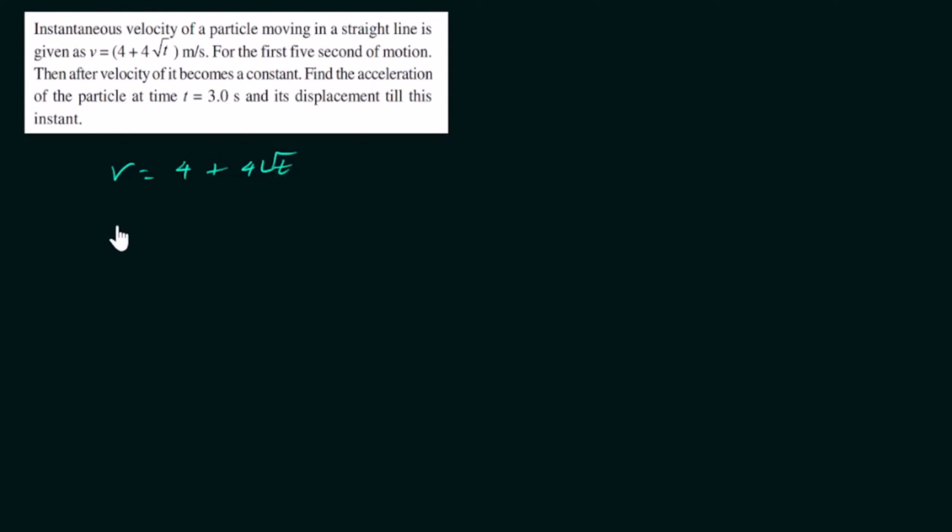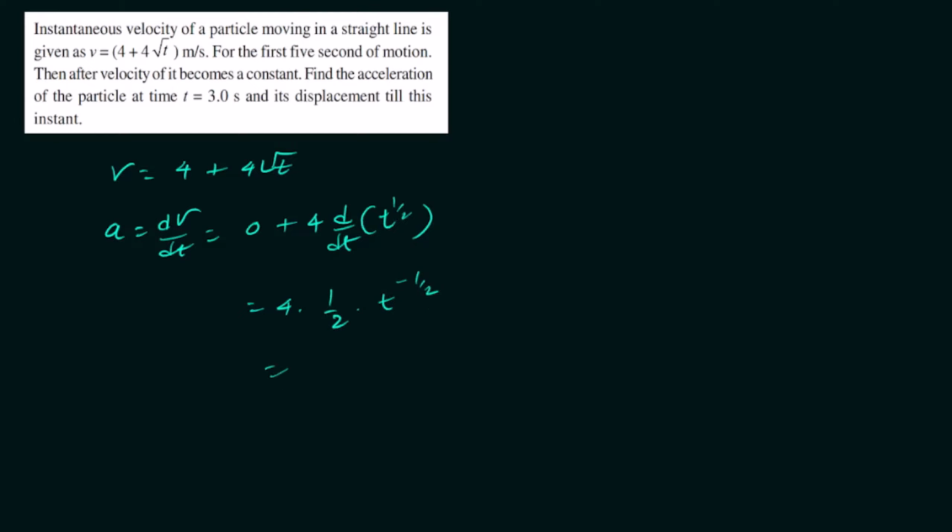Now we have to find acceleration, which is going to be dv by dt: 0 plus 4 d by dt of t power half. So this is 4 into 1 by 2, and the differentiation of t half is t minus half, and the 1 by 2 we have taken ahead.